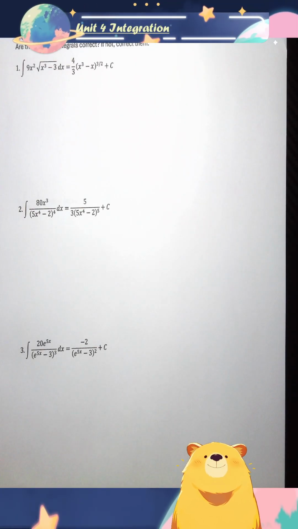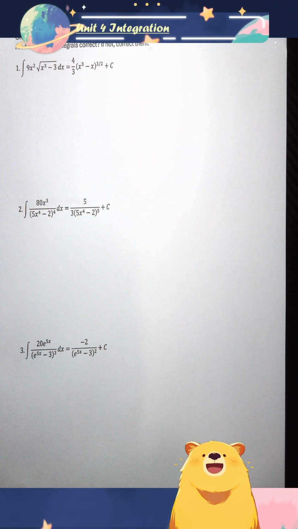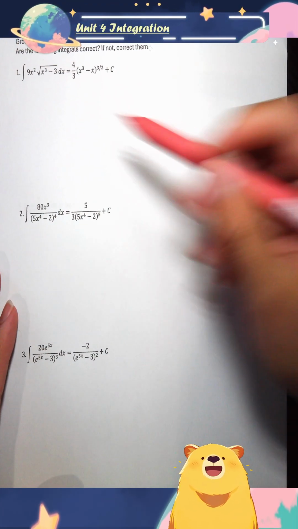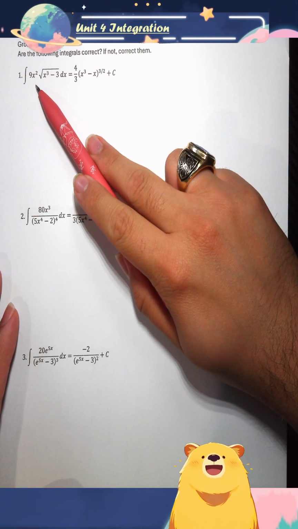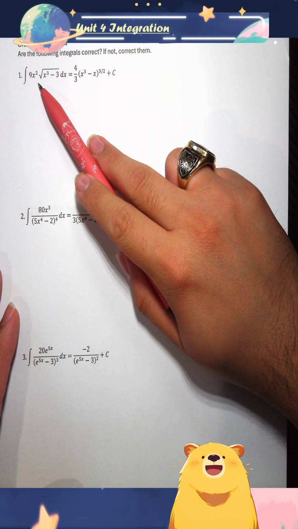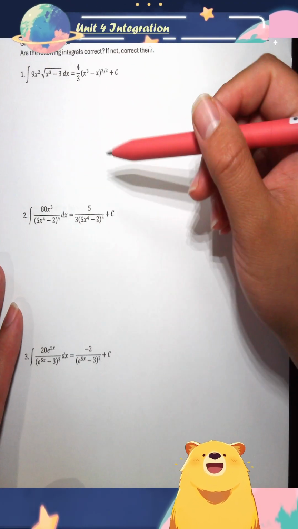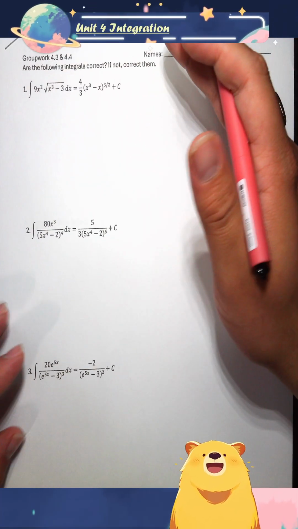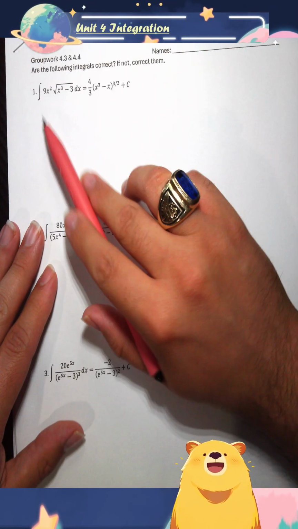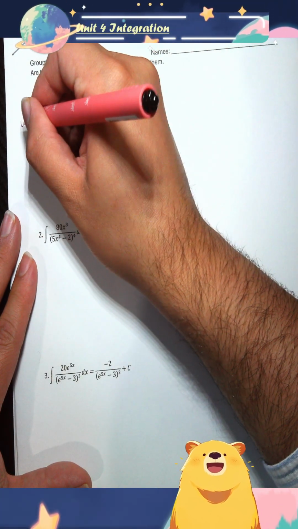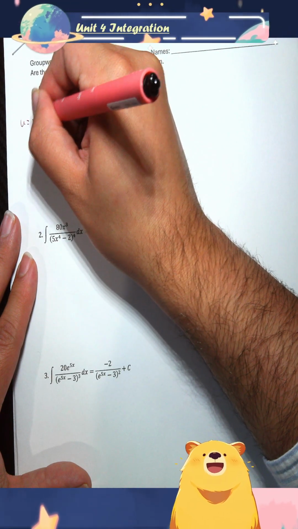So let's go. Okay, so the prompt is, are the following integrals correct? If not, correct them. Okay, so you have the first one. Again, you can use the logic of, well, I see the derivative somewhat in here, but maybe not exactly. Maybe I need to do manipulation. Either way, you can make your life easier by saying, okay, u is x to the power of 3 minus 3.